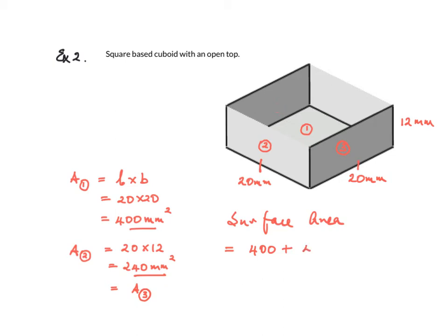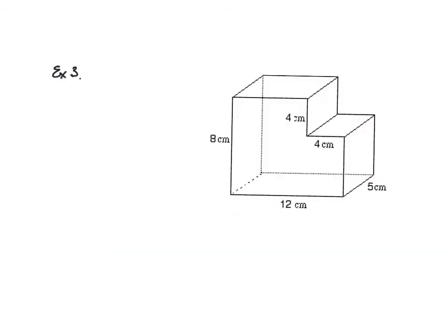So it's 4 lots of 240. So 400 plus 960 gives us 1360 millimetres squared.